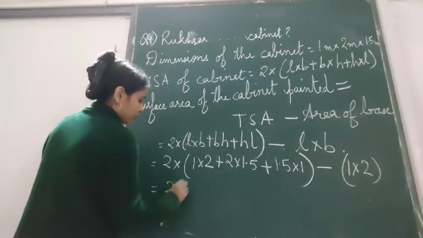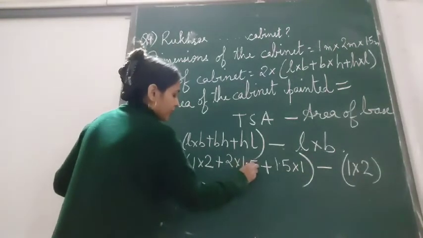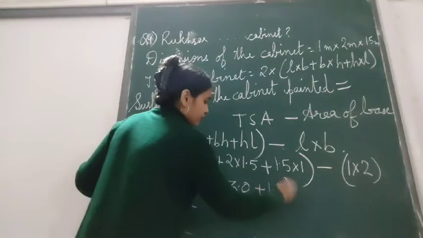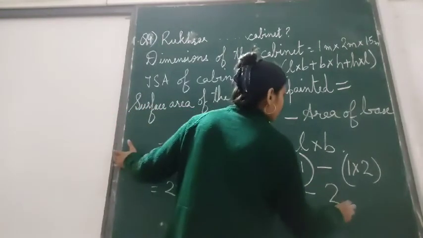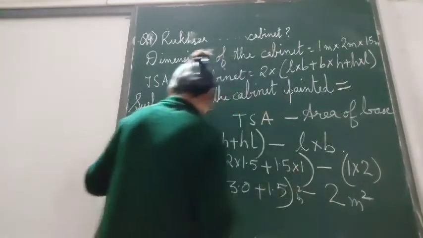2 into, or no need 2. 2 ones are 2, 2 15s are 30, so 3.0. This is 1.5 minus 2 meters square, and this is also meter square.